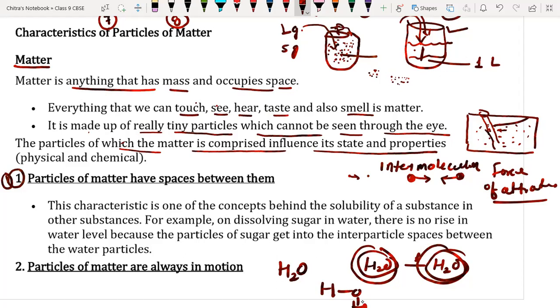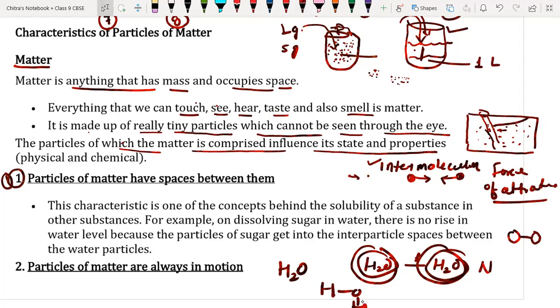If the intermolecular force of attraction is very high, the particles will be very close to each other, and it takes more heat to break them apart. Suppose we are discussing sodium chloride, the ionic compound, the salt we have every day in our diet.